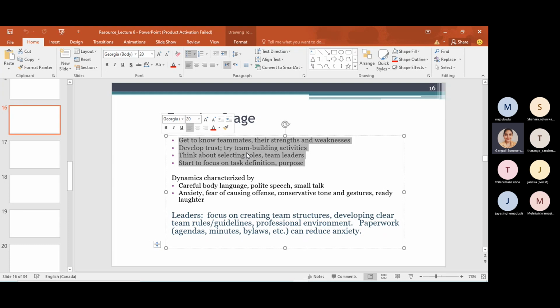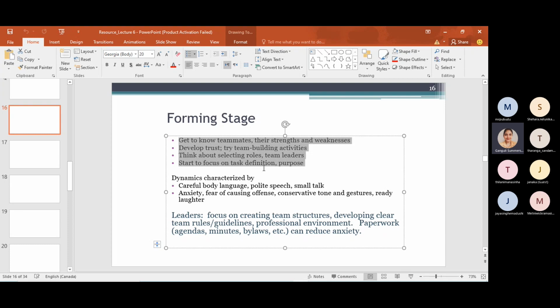You get to know your teammates, you identify your teammates' strengths and weaknesses, you start trusting your teammates, you develop trust among each other, and you try team building activities, and you think about selecting roles, and you also have team leaders during this forming stage.